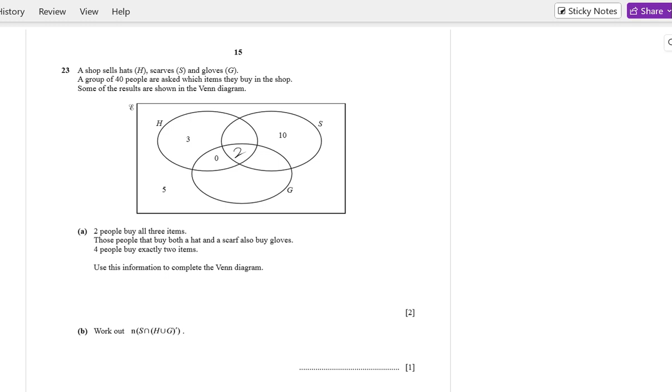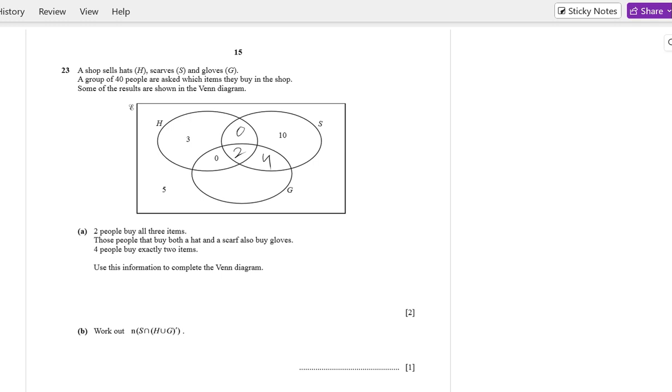Four people buy exactly two items. So this should be 4. And since hat and glove is 0, so hat and scarf should also be 0.